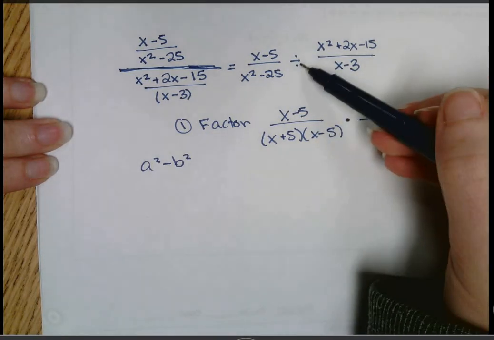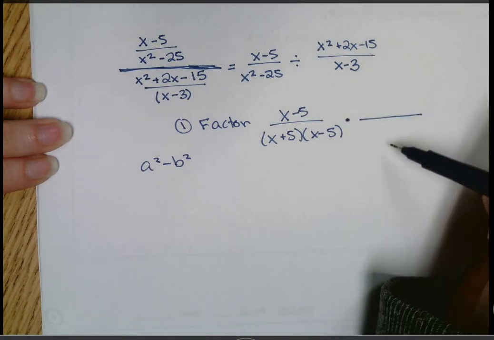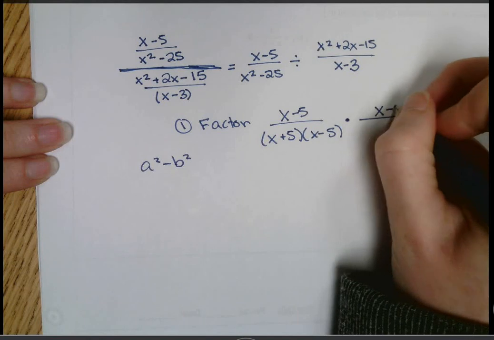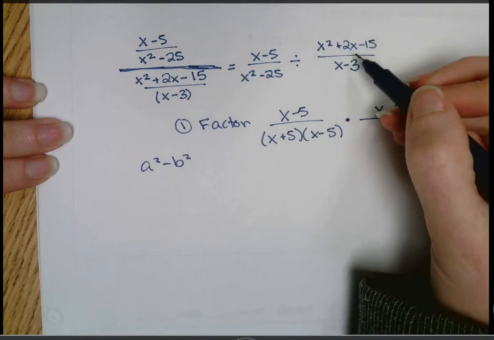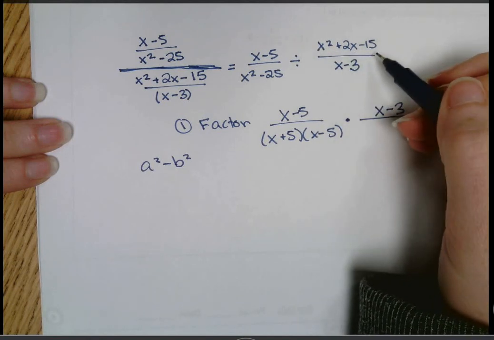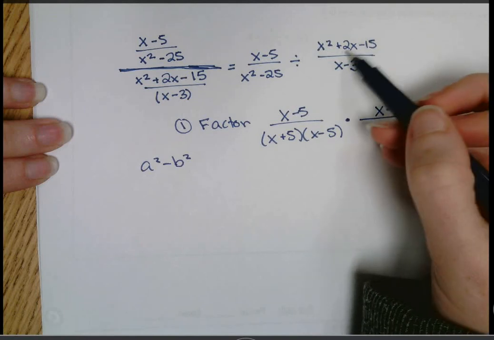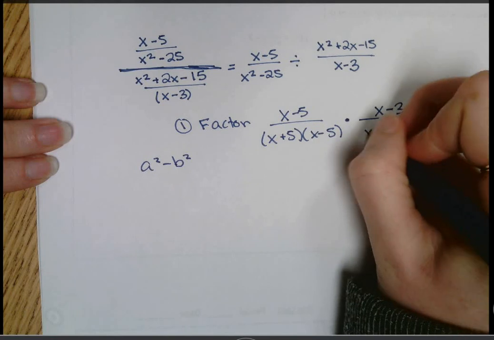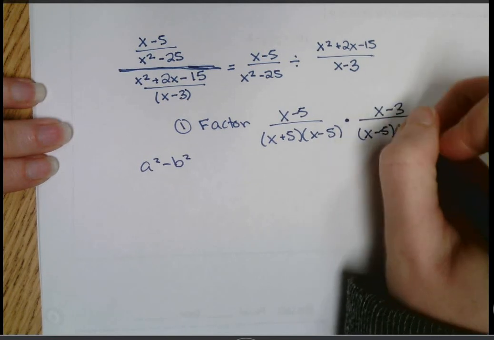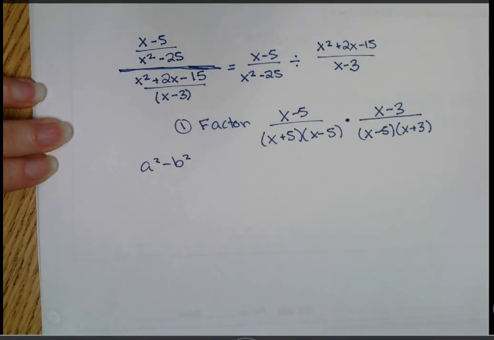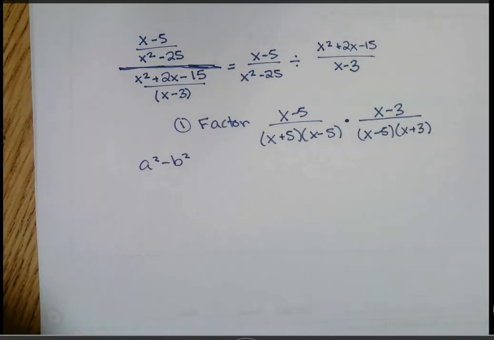So instead of dividing, I'm going to say, hey, that's the same as multiplying by your reciprocal. So x minus 3 is now on the top, and I'm going to factor the x squared plus 2x minus 15. Well, I need something that multiplies to negative 15 but adds to a positive 2. So that's going to be an x minus 3 and an x plus 5. Now that I'm here, I look for like terms.